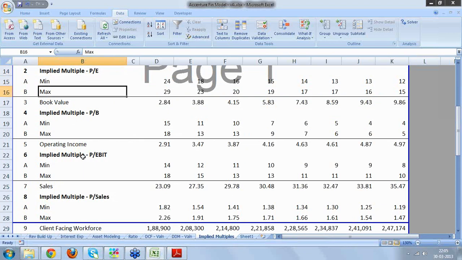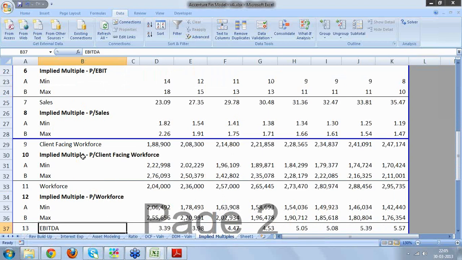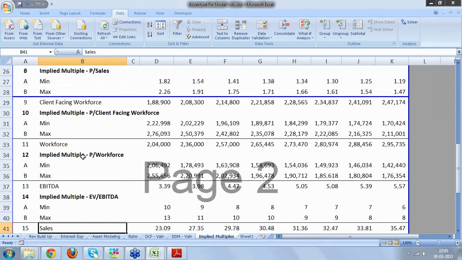For historical years, for the future years, the industry specific parameters are price per number of client facing workforce, price per number of consultants, price per total workforce. So these are the parameters which I have calculated here. All these are linked wherever I am deriving this basis from.